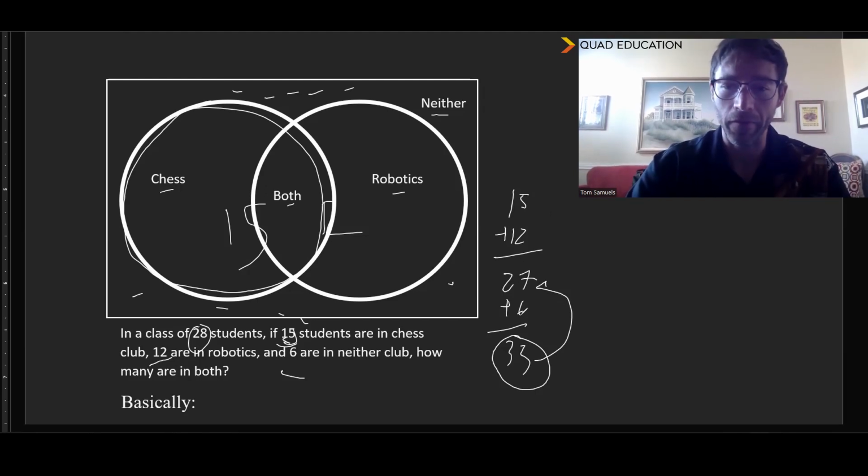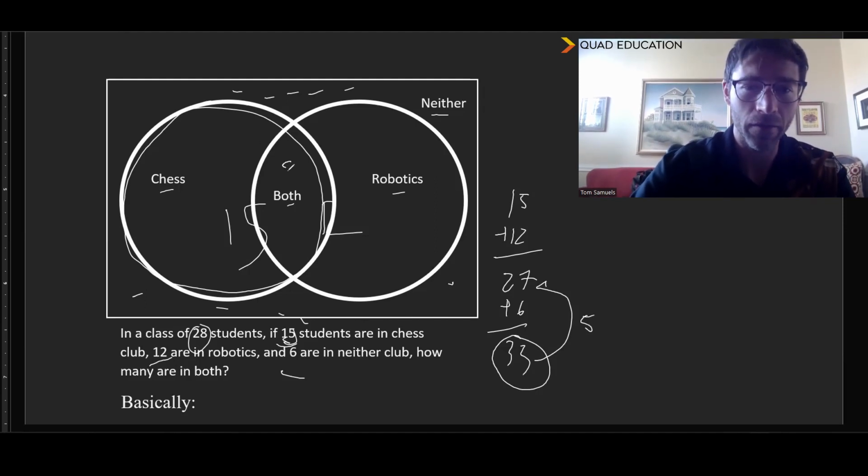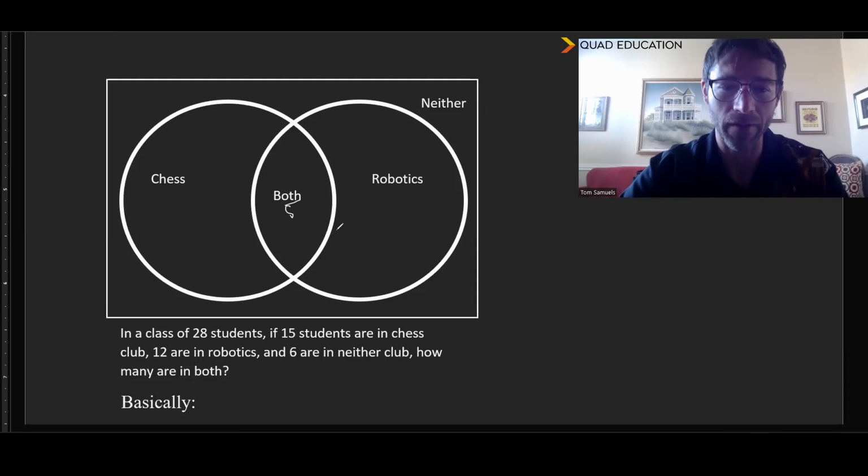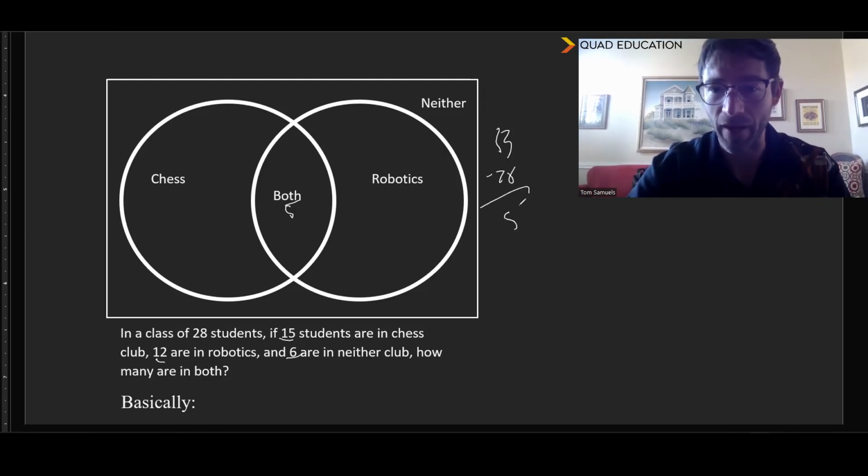So the fact that there's a difference of 5 here leads us to understand that there are 5 students in both. And I'll introduce an equation for how to calculate this in just a second. If we tidy this up a bit, there's 5 in both because 15 plus 12 plus 6 is 33, and we know that there are 28 students, so our overlap is 5.